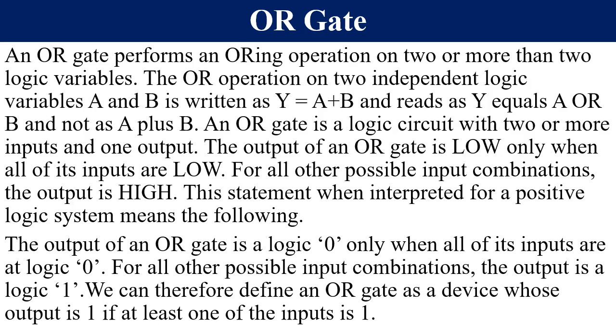For all other possible combinations, the output is a logic 1. So we can define an OR gate as a device whose output is 1 if at least one of the inputs is high. That is the definition of an OR gate.